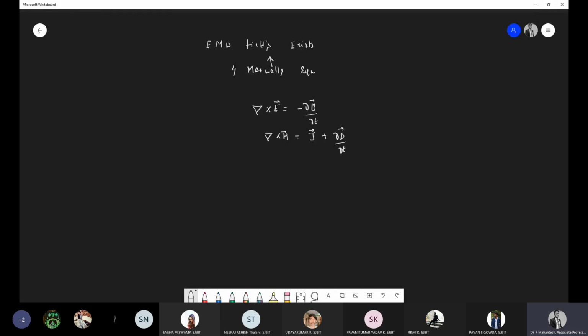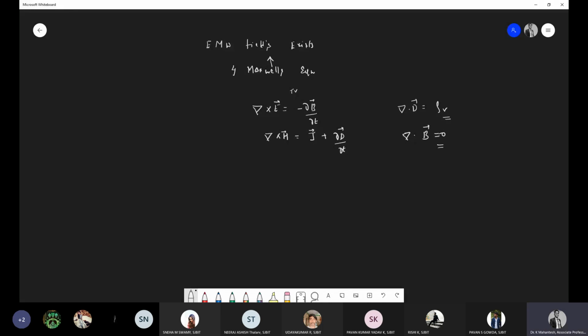It's the modified Ampere circuital law, and this happens in time varying electric and magnetic fields, whereas del dot D is equal to rho v and del dot B is equal to 0. This is Gauss law in electrostatic field, and this is Gauss law applied to magnetostatic field.